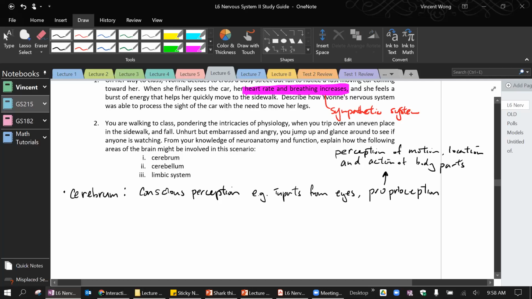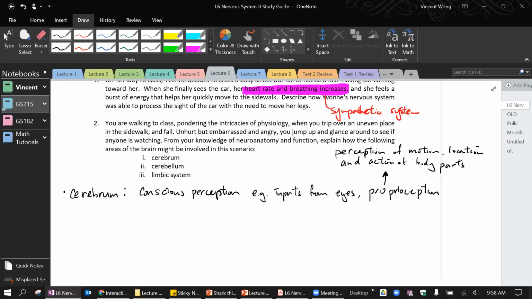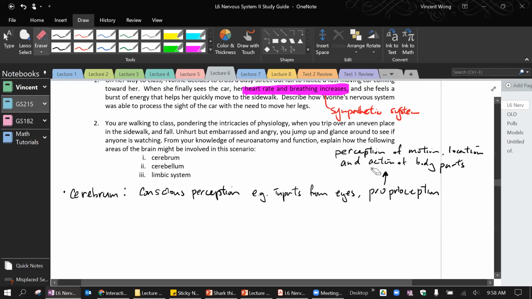Proprioception is essentially is your body doing what you want it to be doing. If you're walking, is the leg moving in the right way? Are the legs where they're supposed to be? And all those things, are they coordinating in the way that they should for that particular motion? That's called proprioception. And that is part of the job of the cerebrum.